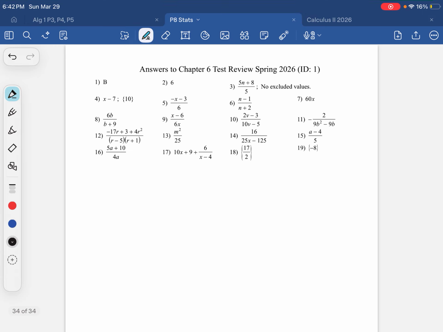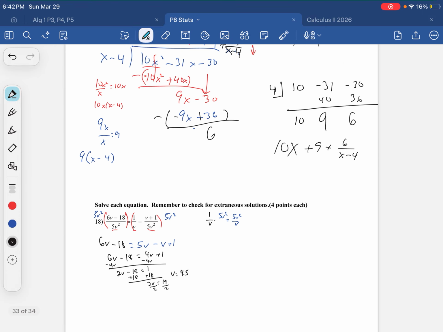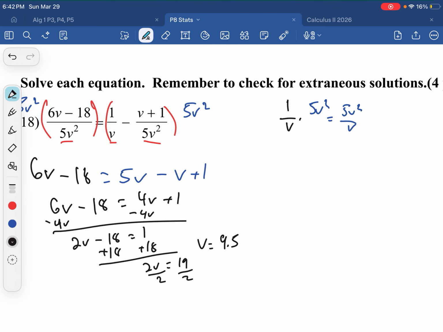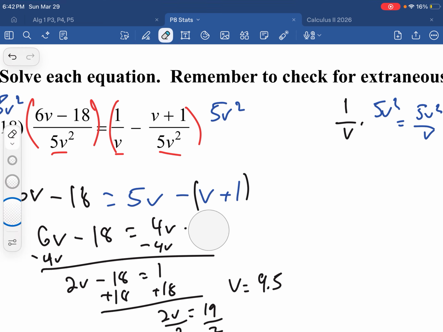And was there another page? No. Oh, wait. I need to change this part here. This was a parentheses, and I forgot to change this one here.